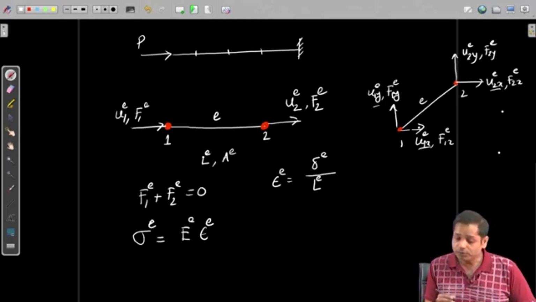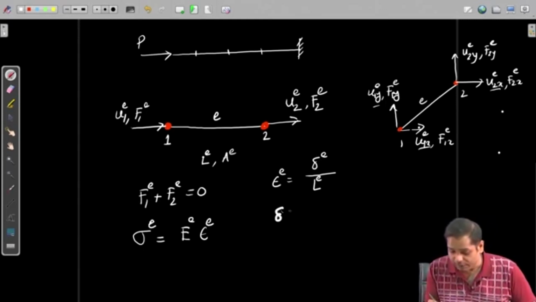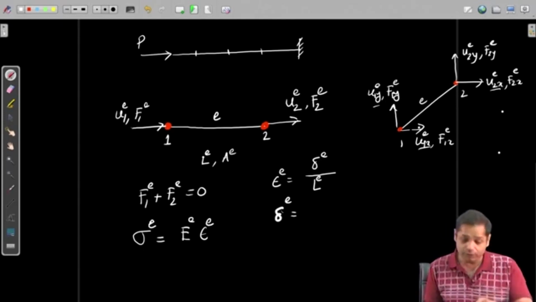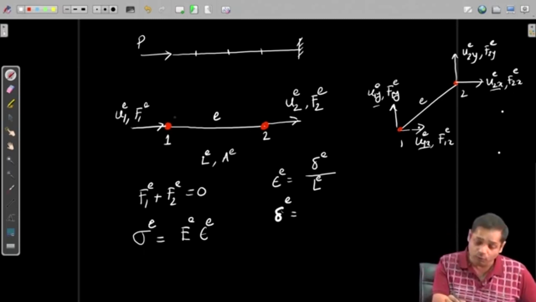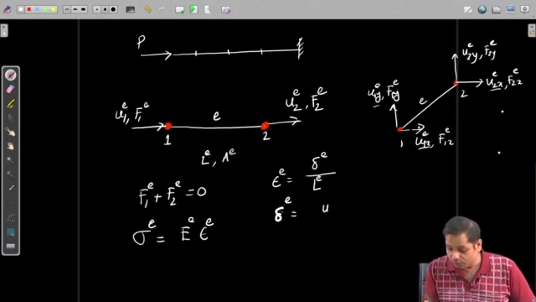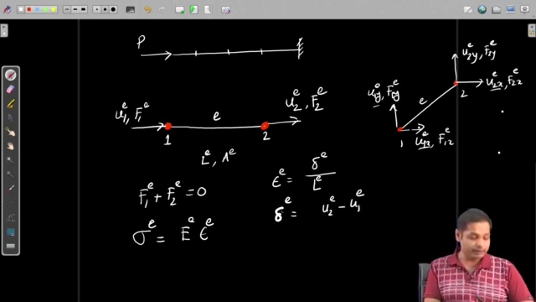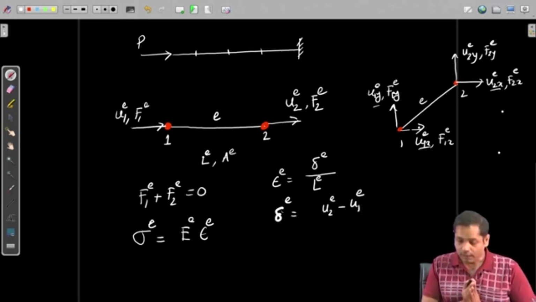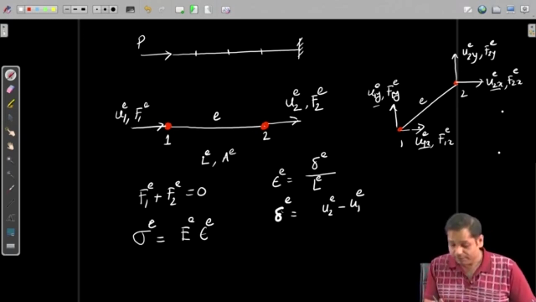Now what will be delta^E? If you look, node number 1 moves in this direction with U1, and node number 2 moves in this direction with U2. So delta^E will be U2^E minus U1^E.